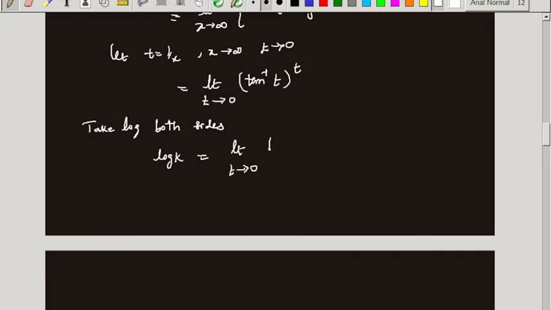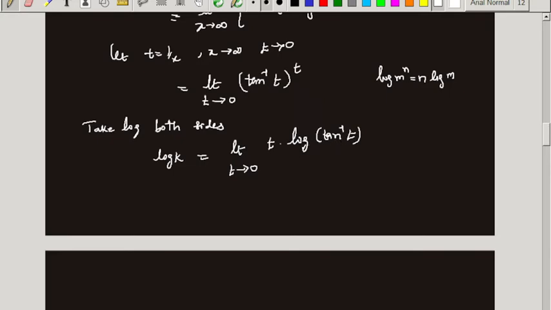This we can write as t into log tan inverse of t. As we know, log m power n is nothing but n into log m. Now this is the form of t into log of tan inverse.